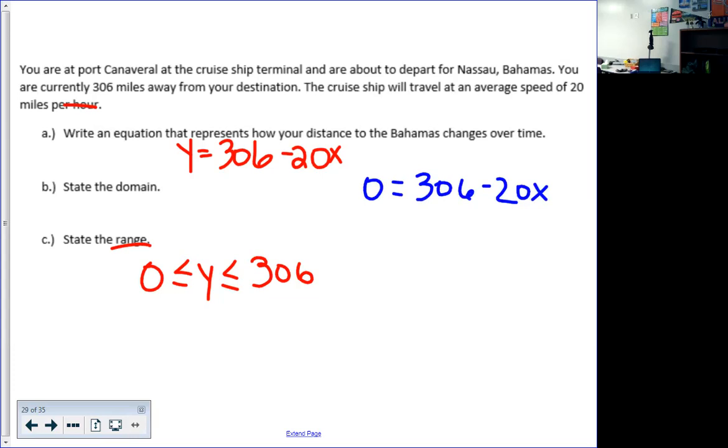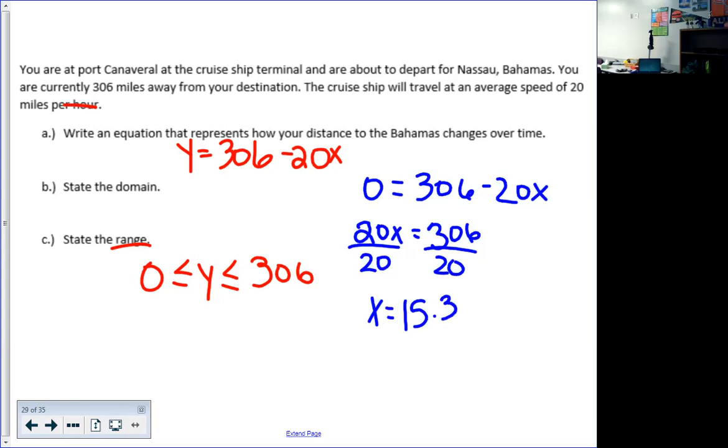So solving for x, I got 20x equals 306. Divide by 20. X equals whatever 306 divided by 20 is. Sorry guys, I cannot do that one in my head either. That's 15.3.